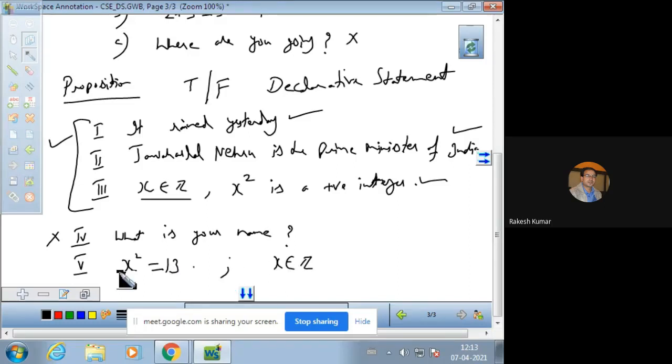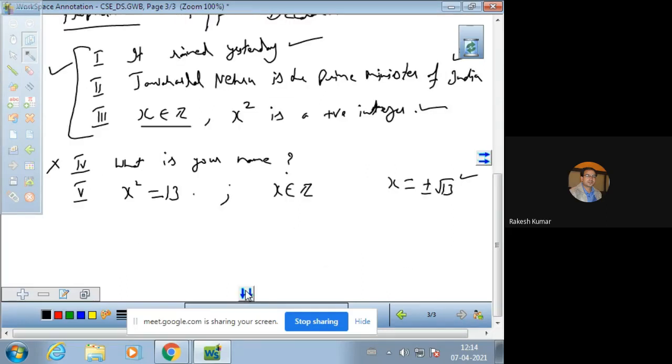If x is an integer, then x square cannot be 13, because x square equal to 13 means x comes out to be plus minus square root 13, and these are not integer numbers. They come under a square root, and these are actually irrational numbers. So this is also not a declarative statement.